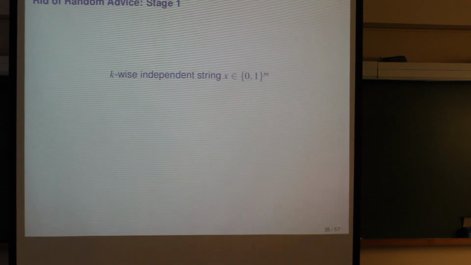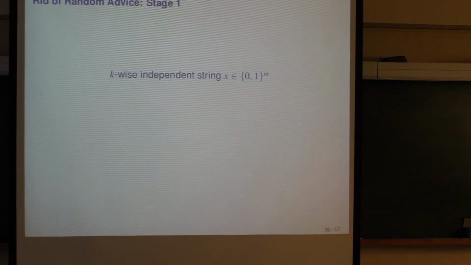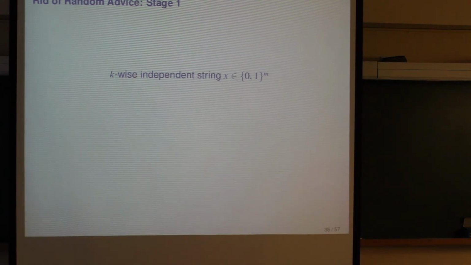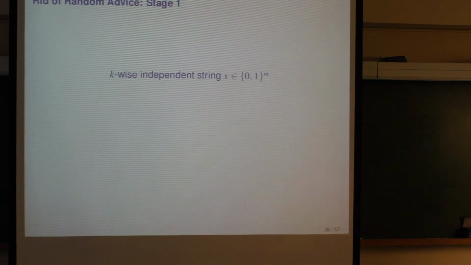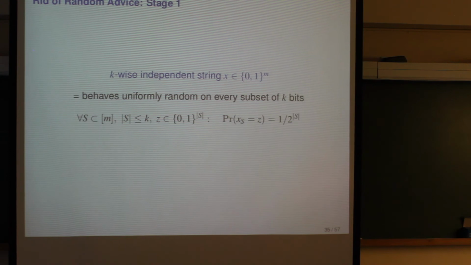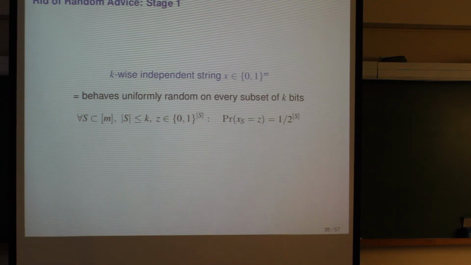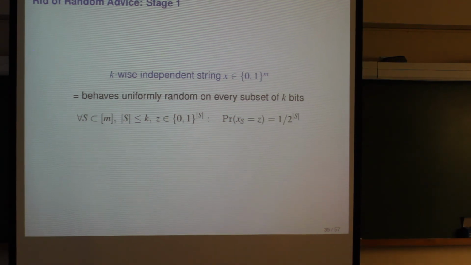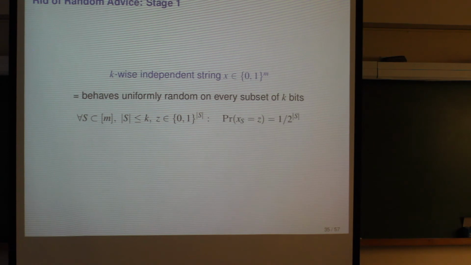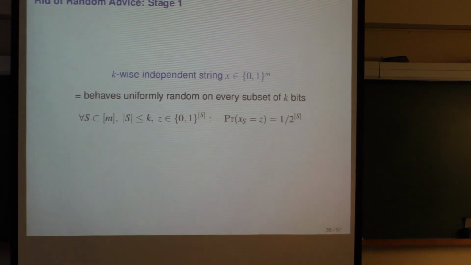But if you look at larger sets, this is not the case. So it's a non-trivial notion, but it's a significantly weaker object than a uniformly random string. Okay, so why are we interested in this thing? It shows that for every subset S of size at most k, the bits in the subset behave like a uniformly random string, pretty much.